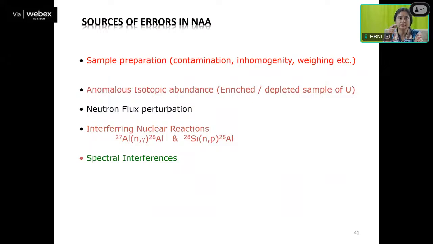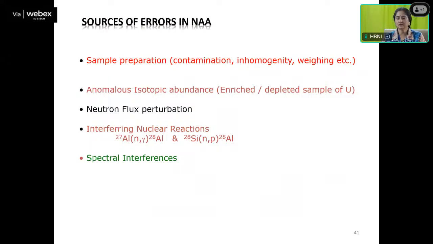As you have seen, a plant sample contains leaf, stem and other parts, and the analyte of interest may have different concentrations in the leaf and in the stem. So if you want to know the analyte in total, you have to homogenize the sample properly. If grinding or homogenization is not proper, it can lead to some error in your NA.